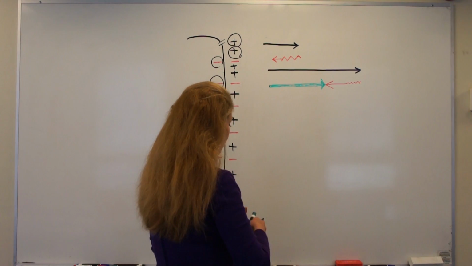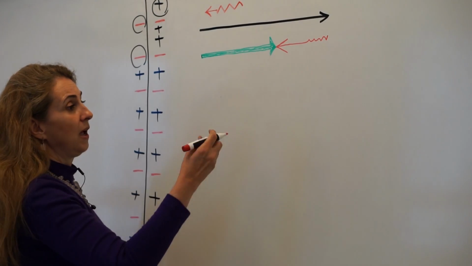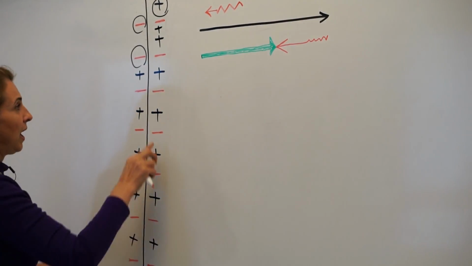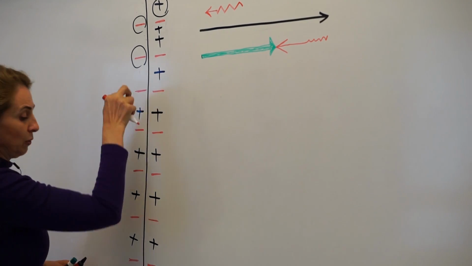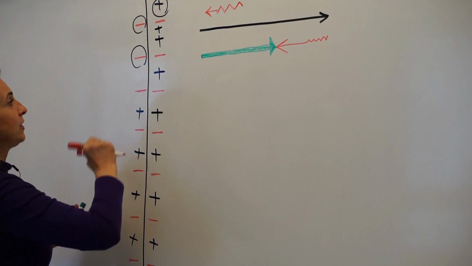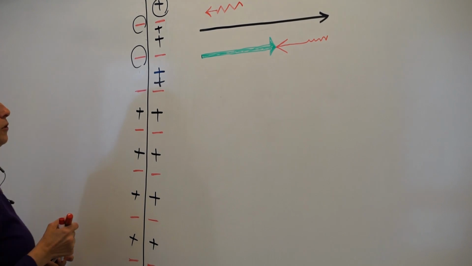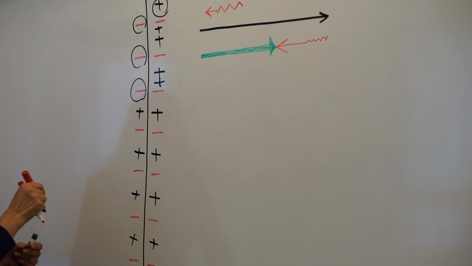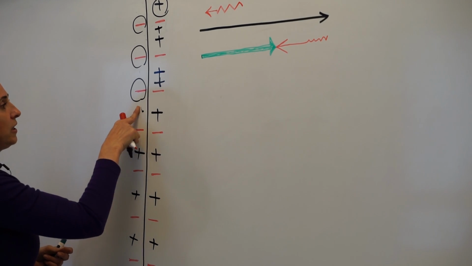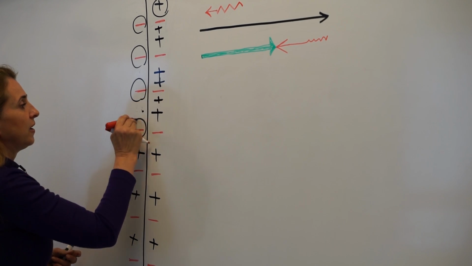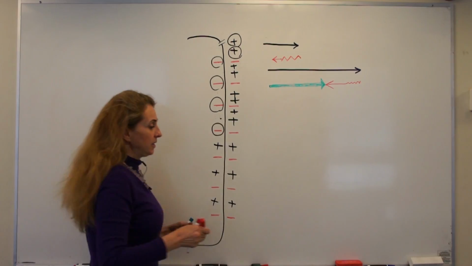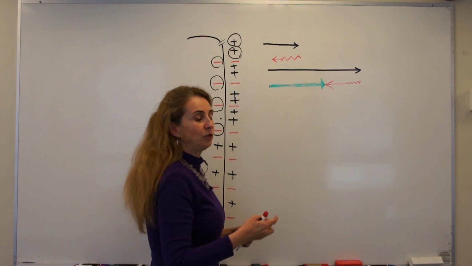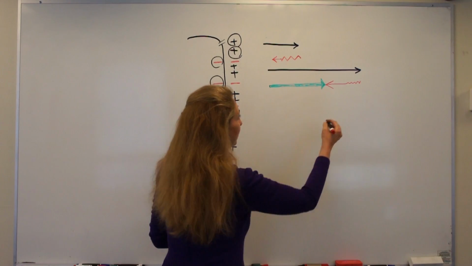As potassium continues to move out of the cell, more and more positive potassium ions will accumulate on the outer side, and negatively charged ions will keep accumulating on the inner side of the membrane. This is going to increase the magnitude of the electrical potential.